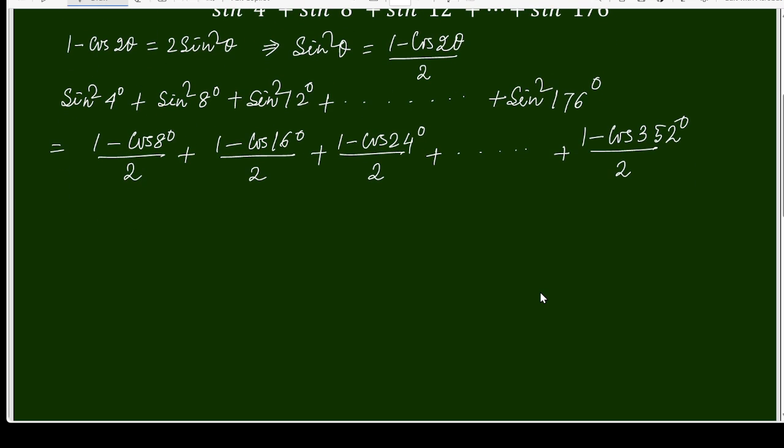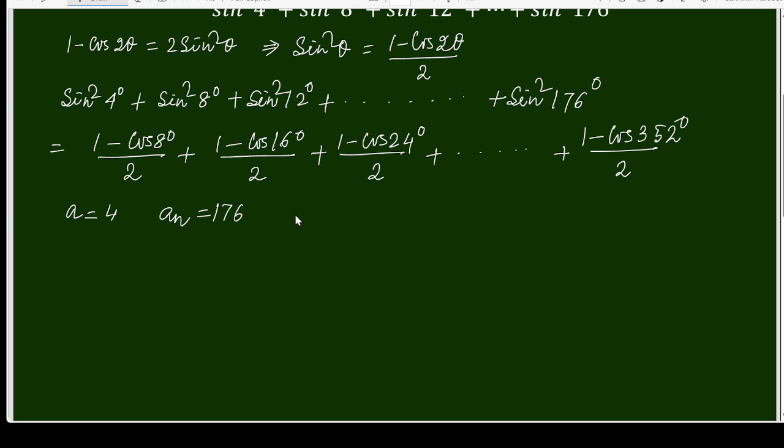Okay, so from each term I am getting 1/2, so this will be half. How many times will it be? Let us find how many terms there will be. It is starting from 4, and 176 is the last, so a is equal to 4 and a_n is equal to 176.